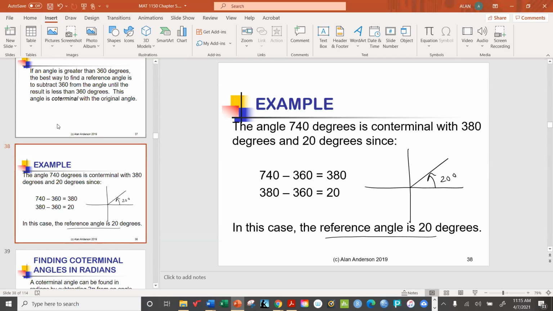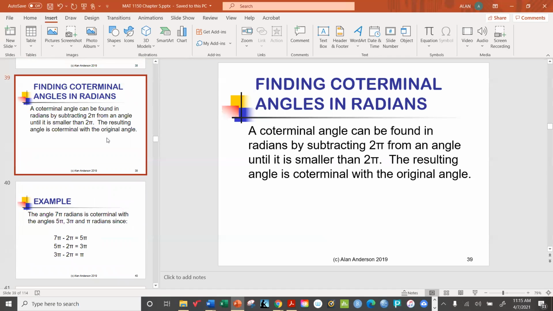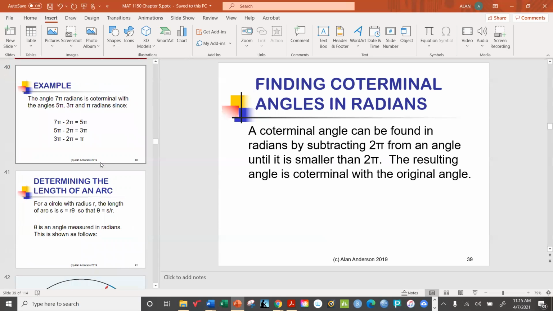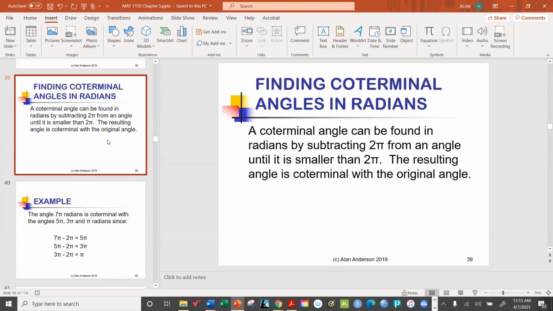All right, man, then the terminology is flying fast and furiously here, isn't it? All right, what about, oh, here we go. Coterminal angles in radians. Now, remember what that means to be coterminal. Like, for example, we had one before.